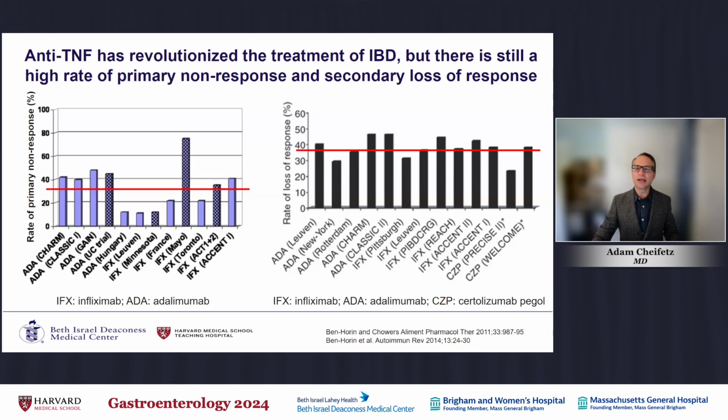There was a really nice follow-up of a prospective study done in the UK called the PANTS study, which showed that after 3 years, 2 out of 3 patients will lose response to adalimumab or infliximab. And really, it's that week 14 drug concentration that predicts long-term response and remission.